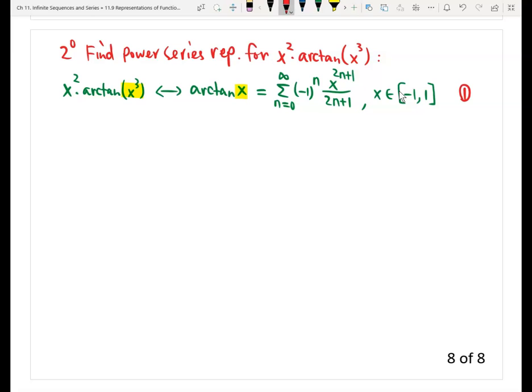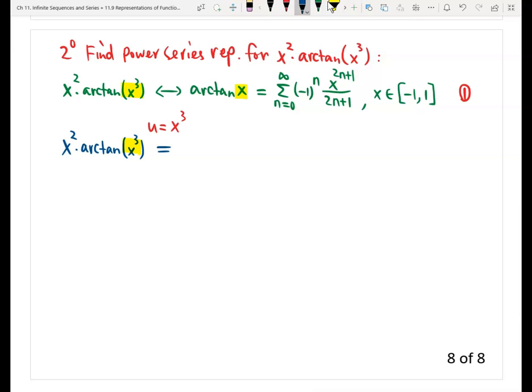Now, let me do the manipulation. For our function, x squared times arctangent of x cubed, we do a substitution: u equals x to the third power. Therefore, we have arctangent u, so we can use the results.